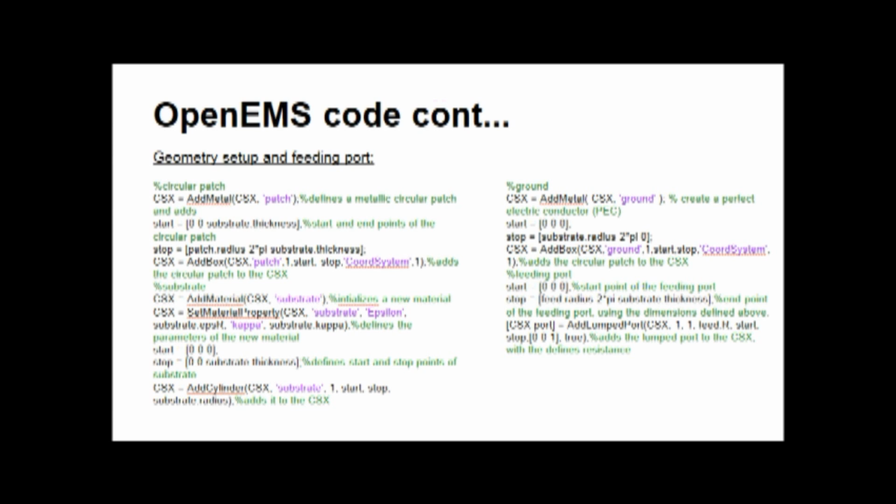We then added a new material for the substrate by using the add material and then giving it all the proper parameters. We used the lump port to collect the voltages and currents, which we'll be using later on for our calculations.